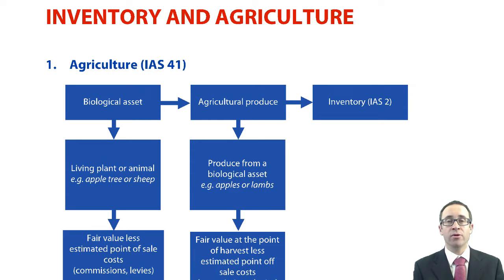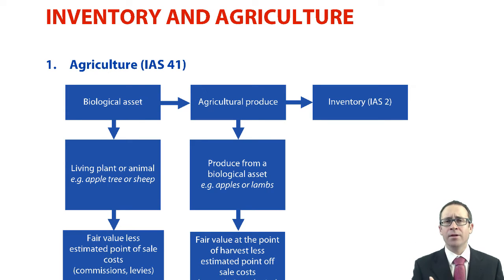So whether that is breeding livestock to produce more livestock, or producing agricultural produce such as milk or eggs, or growing trees in a forest or a plantation, growing sugar beet or wheat, and then harvesting that sugar beet, harvesting that wheat, harvesting the apples off the trees to then transfer that through to inventory, and then how you value at the lower of cost and NRV.